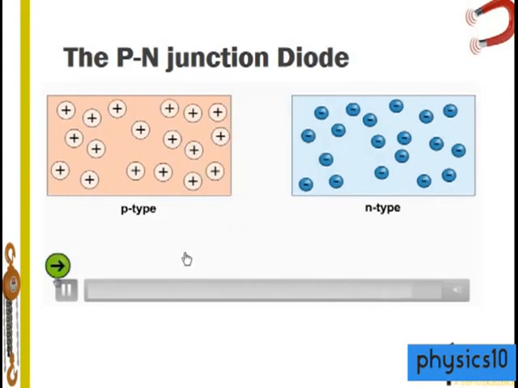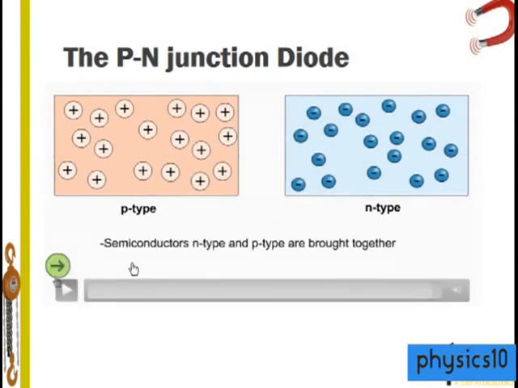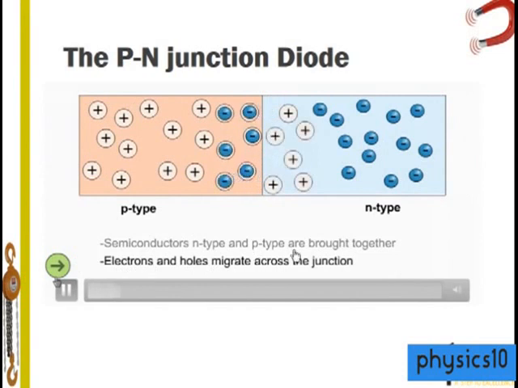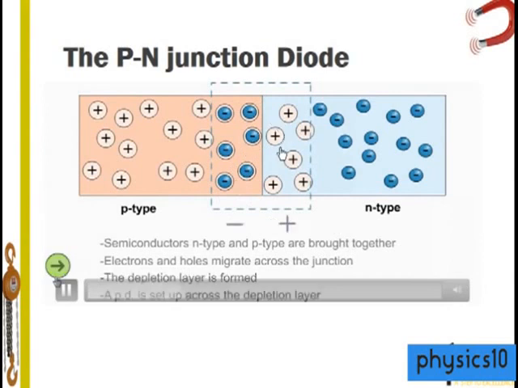So semiconductors, which are essentially N-type and P-type, are brought together, as in this animation. And if you watch carefully, you'll see that when they come together, electrons and holes migrate across the junction, and a depletion layer is formed here.